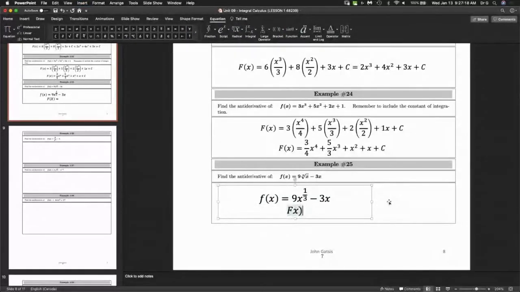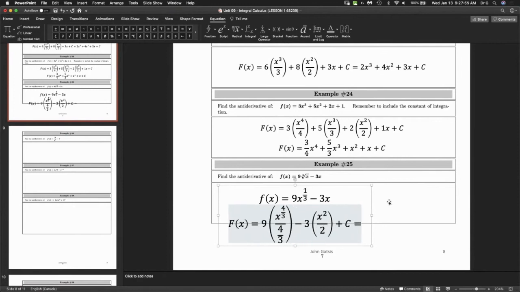So this becomes 9, and then you have x to the power over, and that exponent is 4/3. And then minus 3x squared over 2 plus c.